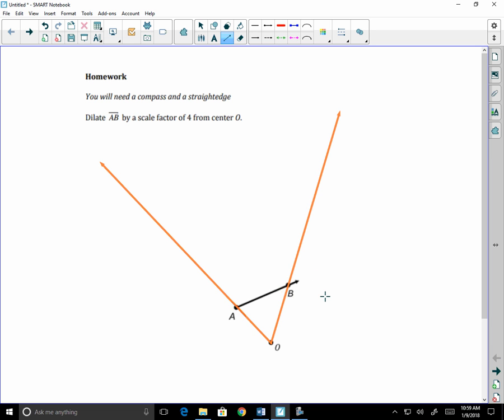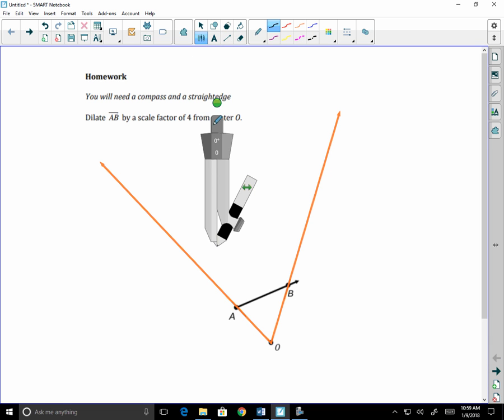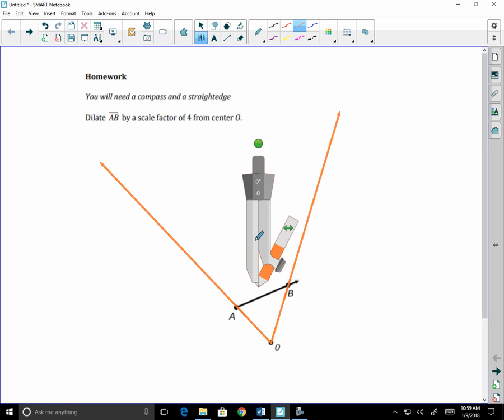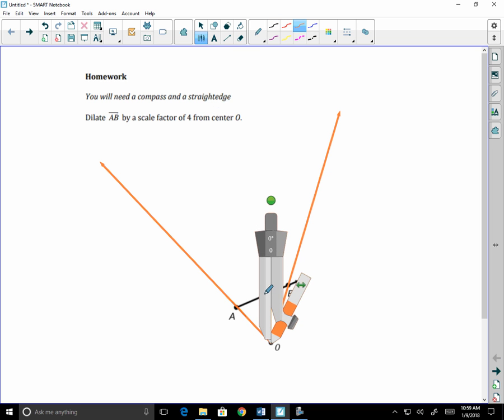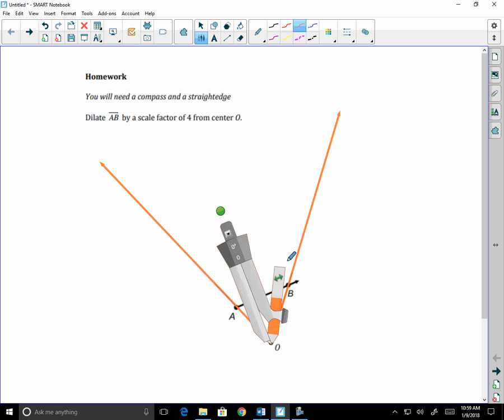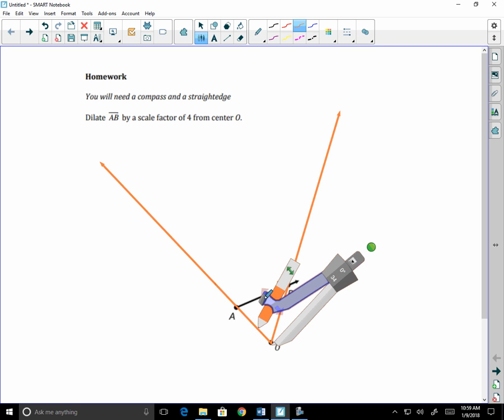So first thing we do, just like we did with the 2 or 3 examples that we did in class, we're going to draw straight lines through A and B from point O. The reason why we're starting from point O is because point O is the center of dilation. The next thing that we want to do is make some marks. So I'm going to measure the distance from O to A and make a mark.